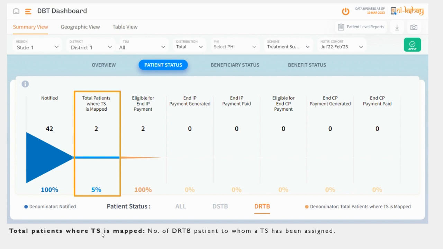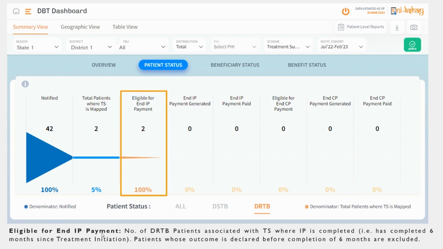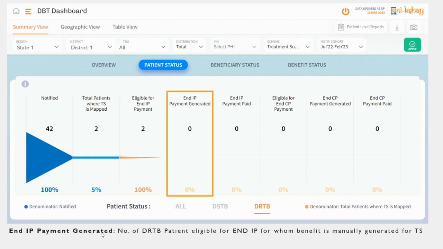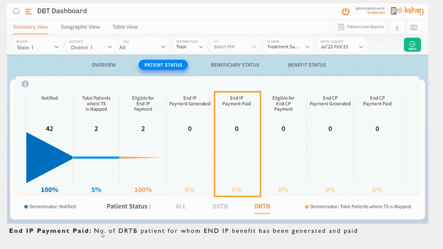Both these patients would have completed 6 months since treatment initiation and therefore, the associated treatment supporter is eligible of the end IP payment. Though the respective treatment supporters are eligible for the incentive, it has not been generated by the DBT Maker user yet. Therefore, count of paid benefits is also 0.